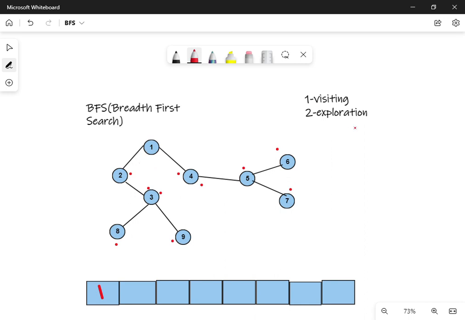Now for exploration, I have to go towards its adjacent vertices, which are 2 and 4. Here I visit the adjacent vertices of 1, which are 2 and 4. So now 1 is completely explored. Let me cut 1.